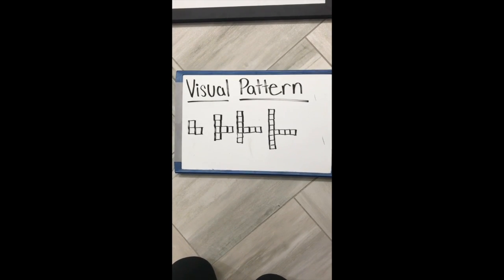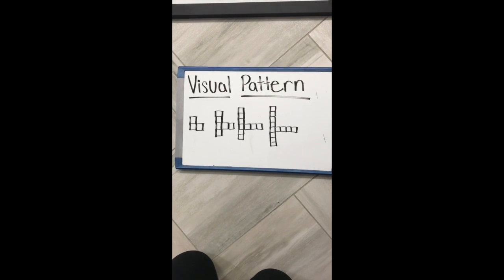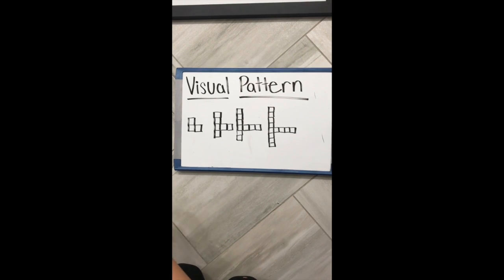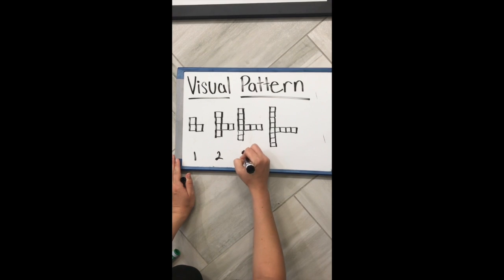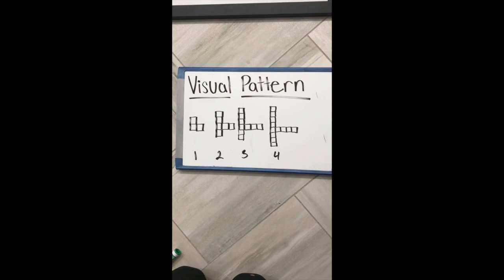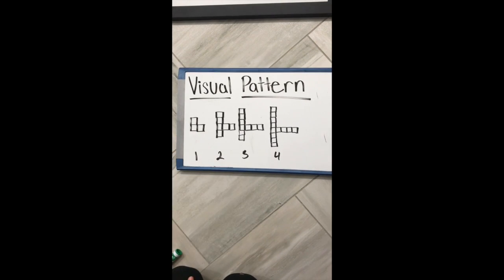The third representation is a visual pattern. So you can see here that I've got 4 different terms right here. Okay, so we've got the first term, second, third, and fourth. So when we're looking at this visual pattern, we see this first term has 3 squares in it.